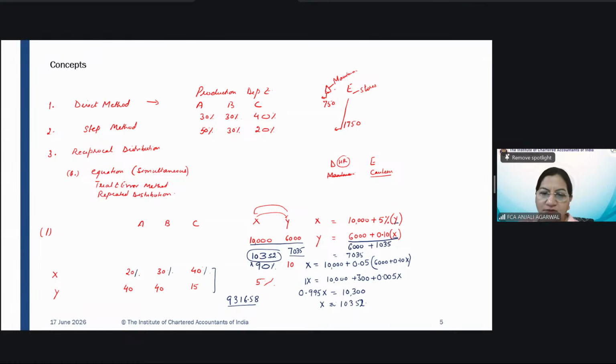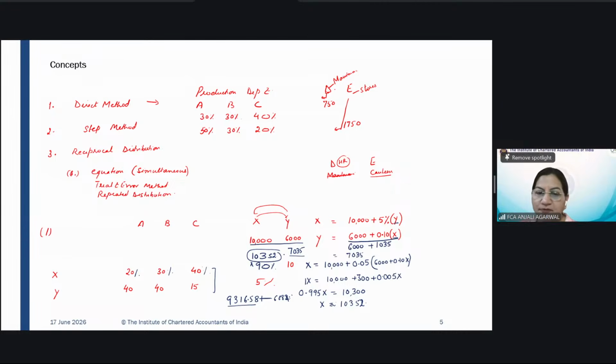And similarly, 7,035, 95% of that comes out to be 6,683.25. So I can make it 6,684. So 6,684 plus 9,316 will roughly total to 16,000. It's coming out to be 15,999.78.